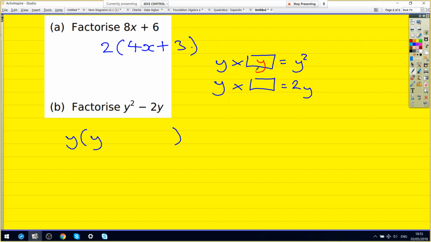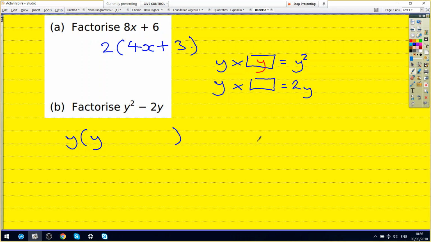And the second bit, it wouldn't be 1y. So dividing 2y, it wouldn't be 1y, would it? Y times y is y squared.